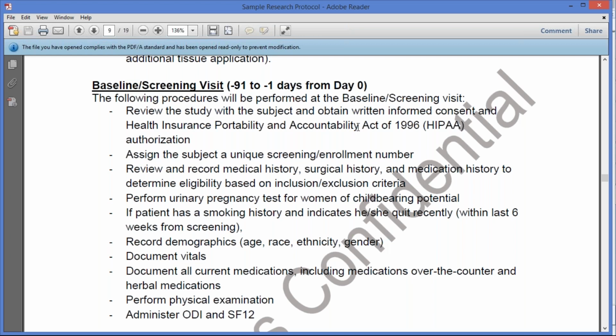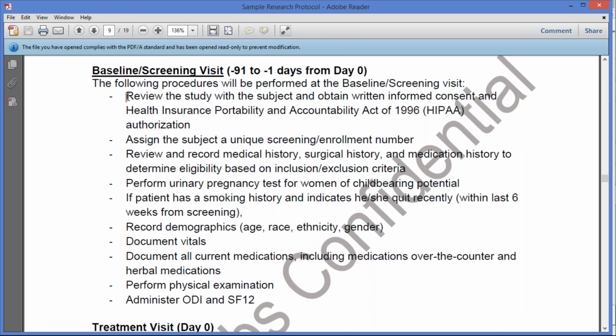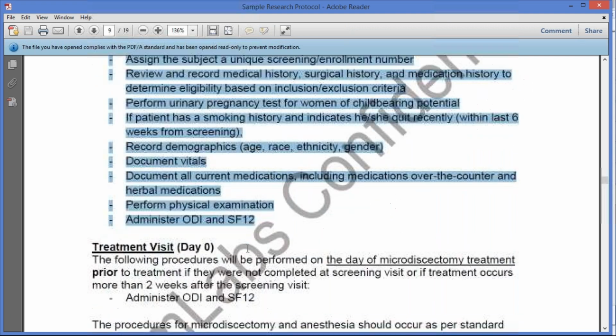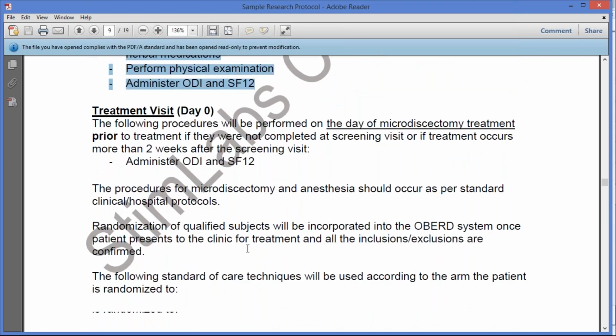During the baseline, they collect all these details from the subject. On treatment day 0, they will perform the surgery.